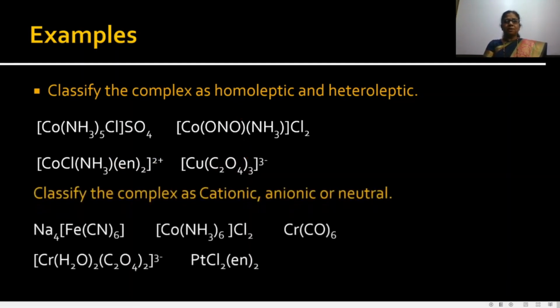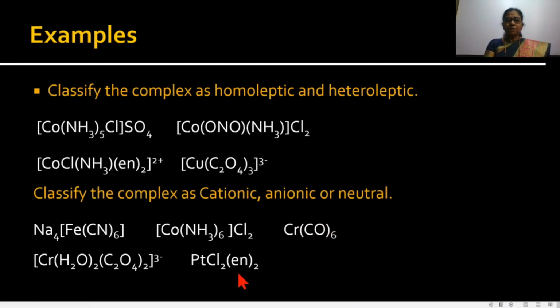Also, now see the examples of cationic, anionic and neutral complexes. See here in this example Na+ and this coordination sphere has a negative charge. Therefore, it is an anionic complex. In this example also, the Cl has a negative charge. Therefore, this coordination sphere has a positive charge, and hence this compound is a cationic complex. [Cr(CO)6], this is a neutral compound. There is no charge.